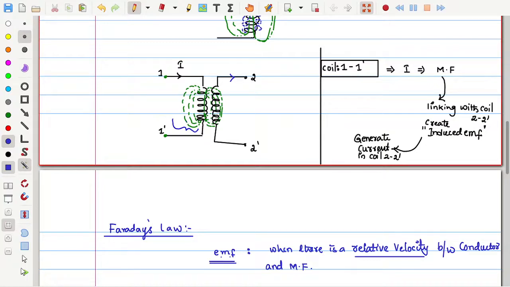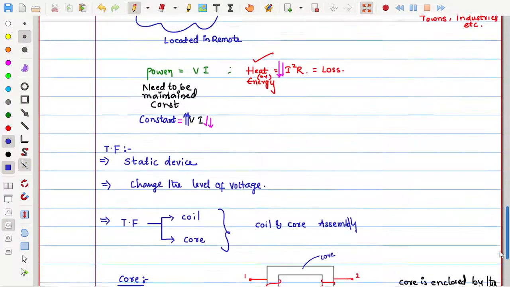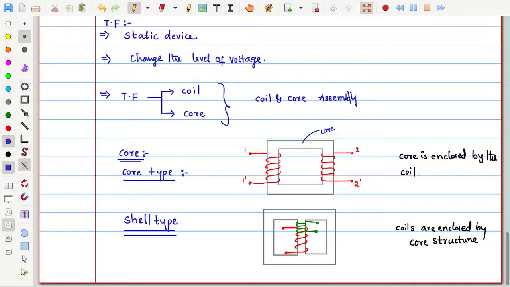So in order to use the total flux effectively, we are using the core. Now whenever some current is passing through this, the flux which is produced by these coils will definitely have all flux lines confined within this core itself. It will not move to the outside of the core. All the flux lines are just confined to the core. Then the core will act as a path for the flow of flux lines, and they will come back and meet over here.